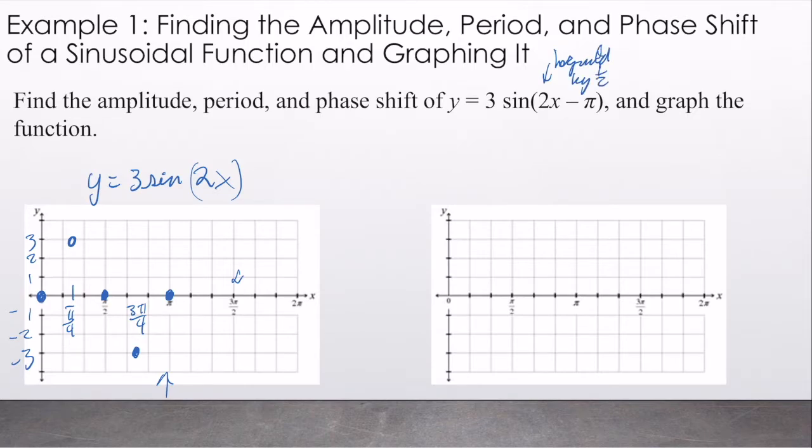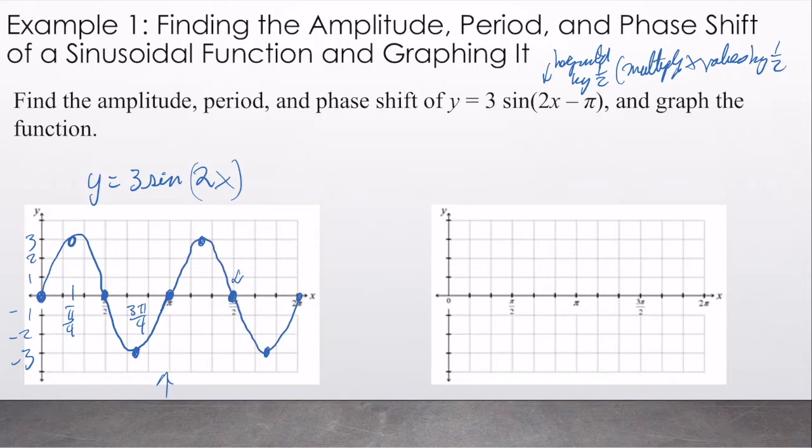So you're multiplying your x values by 1/2. And remember that our graph repeats itself because it's a periodic function. Okay, here's our new graph, y equals 3 sine of 2x.